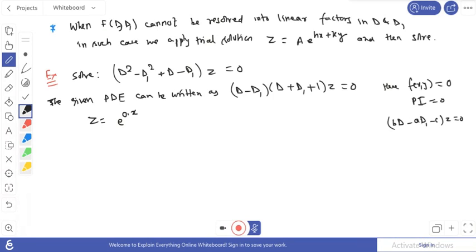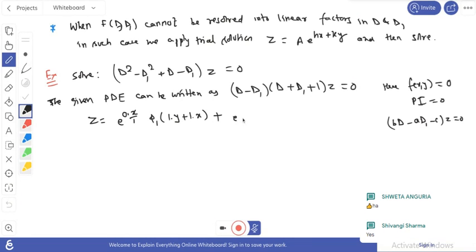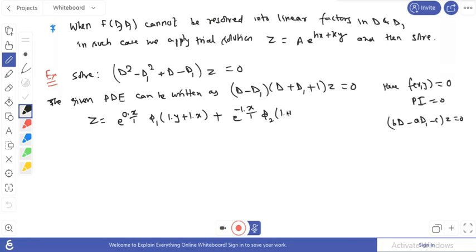0 x 0 into x upon, what is the value of b here, this is b equals to 1, then phi 1, this is 1 into y, 1 into x, plus, and for the second if we come here, so e to the power minus of 1 into x over 1, phi 2, this is 1 into y plus minus 1 into x.